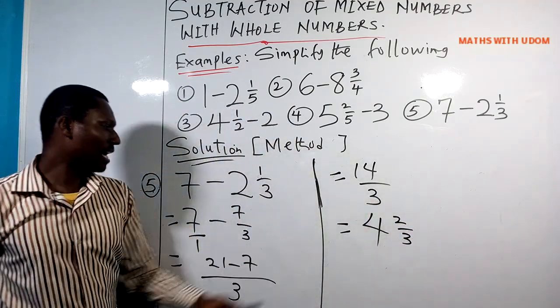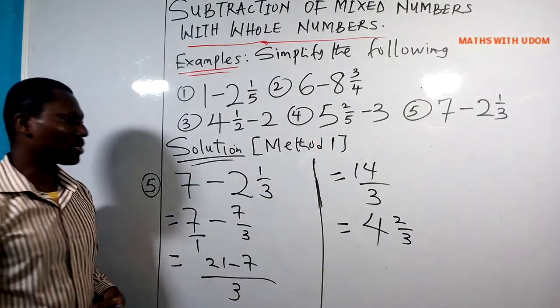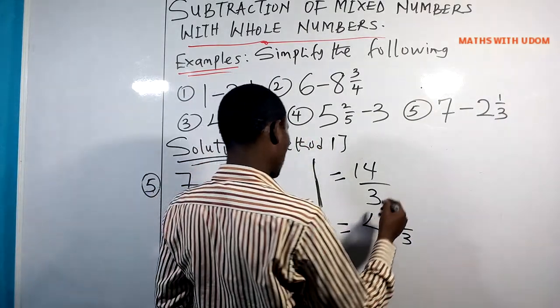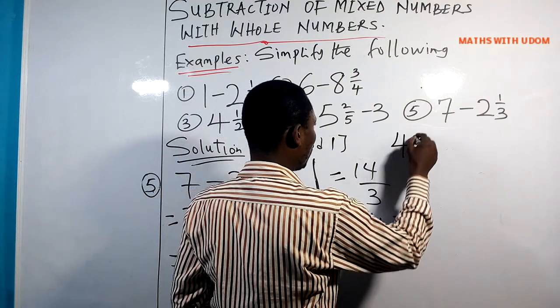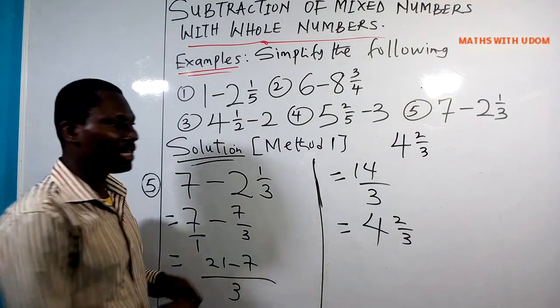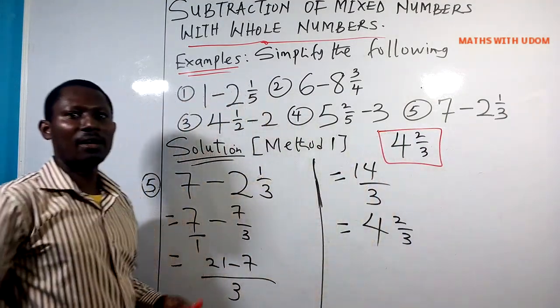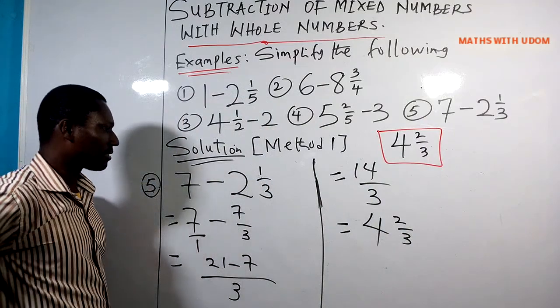That's our answer for method 1. We'll put our answer in a corner: 4 whole number 2 over 3, as we will make reference to it later. That is our method 1 answer.